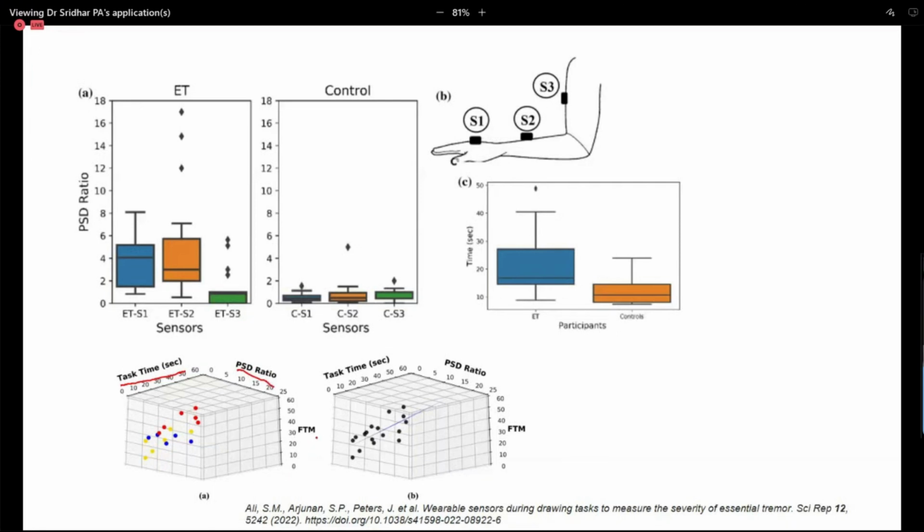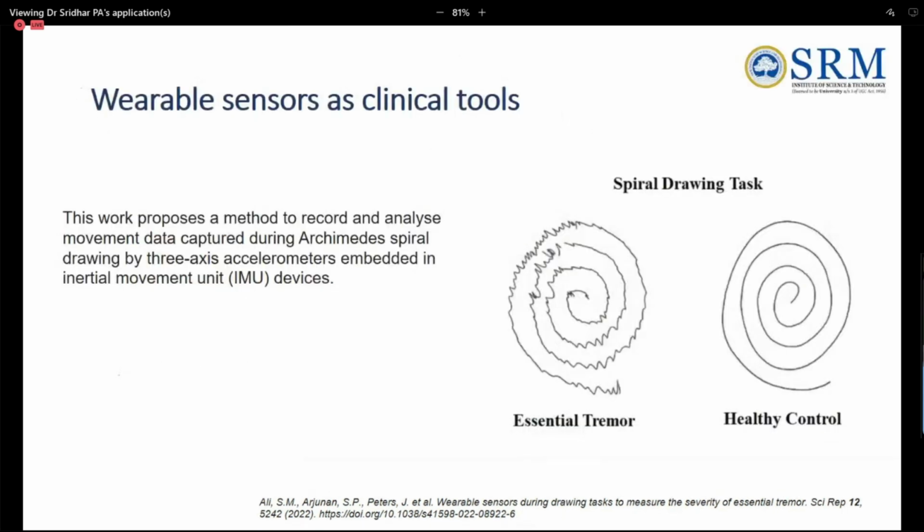And FTM is the frequency of the movement, which is recorded by the clinician. So we try to link the physiological response with what the clinician is noting down based on the gold standard, so that this gives additional information related to this particular condition.